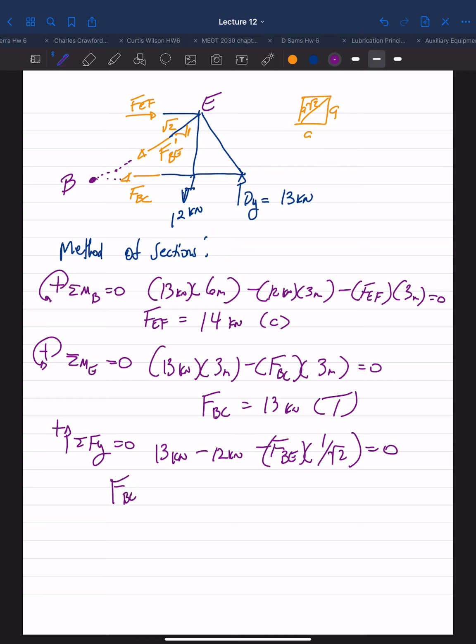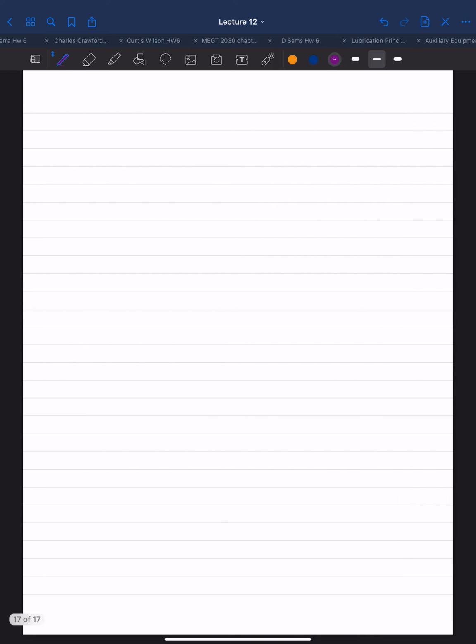And FBE is in tension. So we solved for the force in members EF, BC, and BE, but the question asks for one more. They asked for the force in member BF. All right, so then I'm going to bring in some method of joints analysis to get the last member.